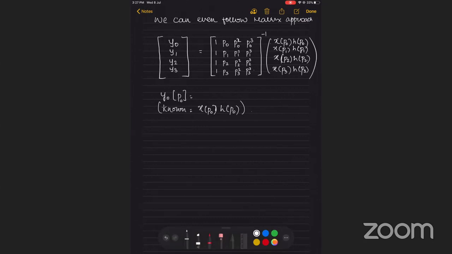If you take the inverse of this matrix and multiply it with the function values that we get, we basically get the coefficients of our polynomial that we want. And that in turn becomes the resultant sequence.